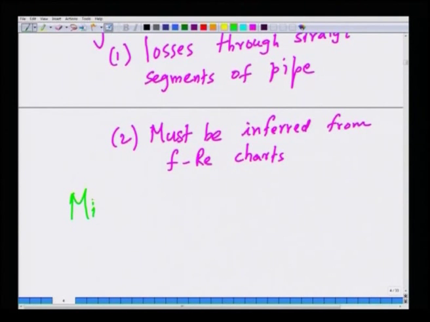So, we incur additional losses due to various reasons. Those are called minor losses for the simple reason that they do not numerically contribute much to the losses, they contribute maybe 10% to the total loss.